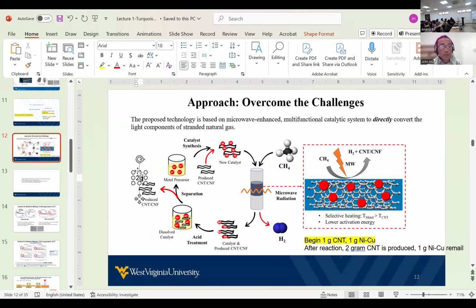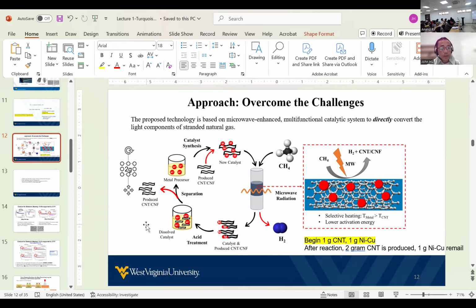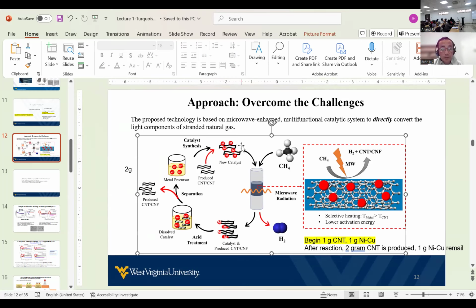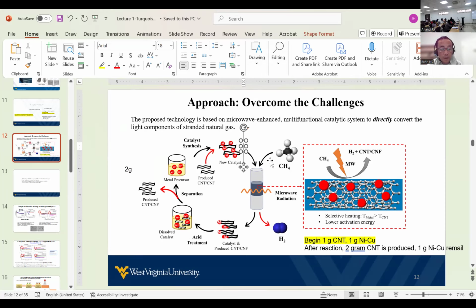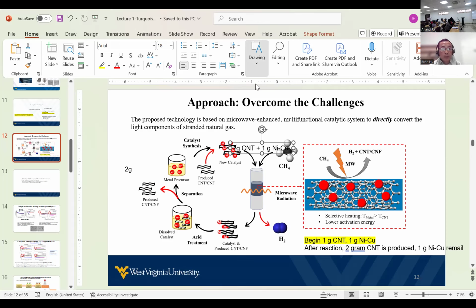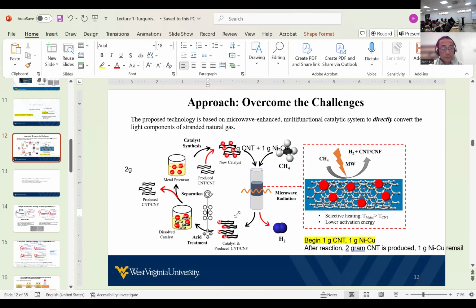So 2 gram is product, and I need 1 gram CNT plus 1 gram nickel copper. All right. So 1 gram CNT, 1 gram nickel copper goes into the reactor. But at this point, I want to show you the mass balance. Okay.